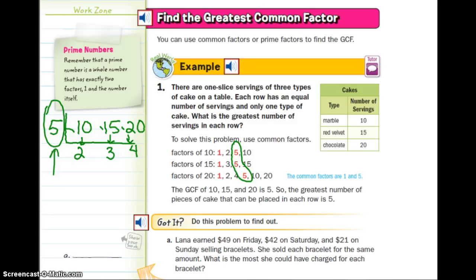It will always be the left-hand side. Now, if we have a multiple that we can go again, we would multiply those 2 numbers, and that would be the greatest common factor. Now, you try. Pause the video. When you're done, come back.